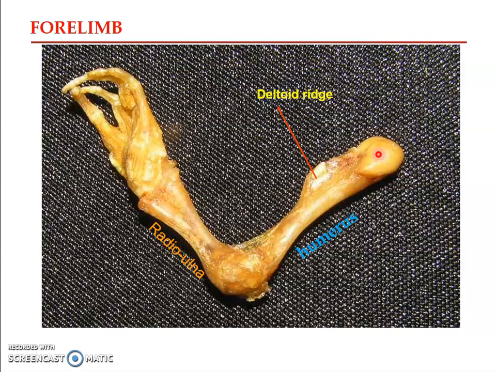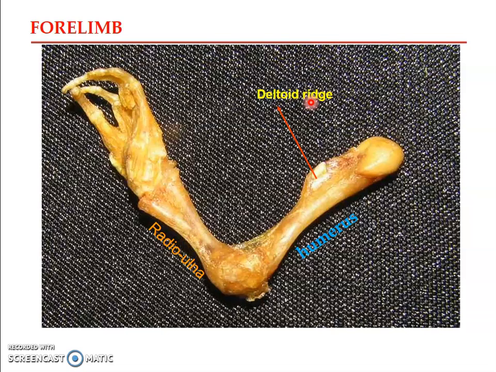The head is covered with calcified cartilage. The ridge below the head, you can see there's a ridge over here, is known as the deltoid ridge. It is to this that the muscles of the upper arm are attached.